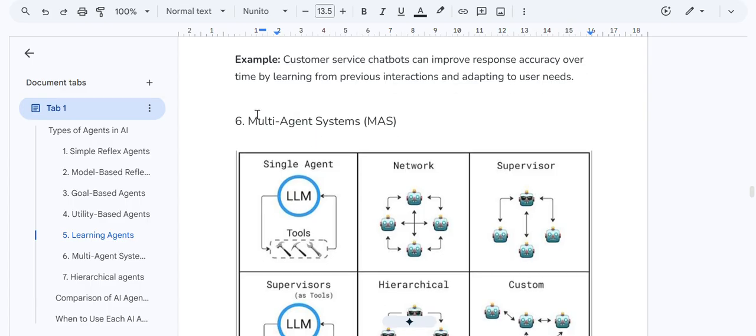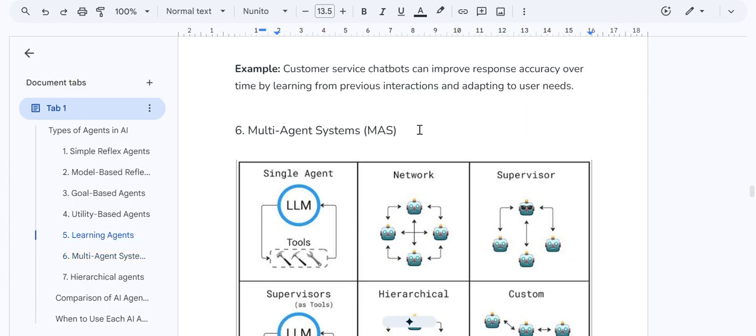So, multi-agent systems. Multi-agent systems have multiple agents in one agentic AI, like a YouTube agent, WhatsApp agent, Gmail agent, and project agent, like Jarvis.